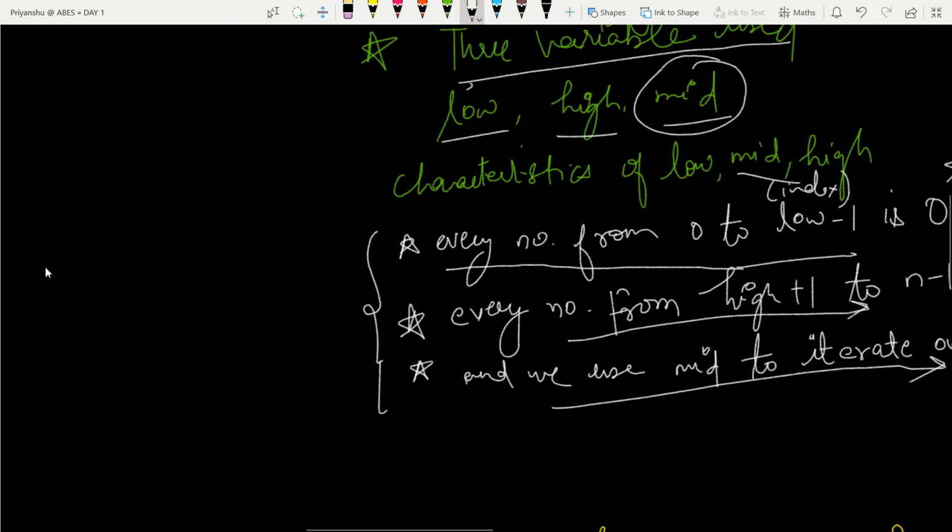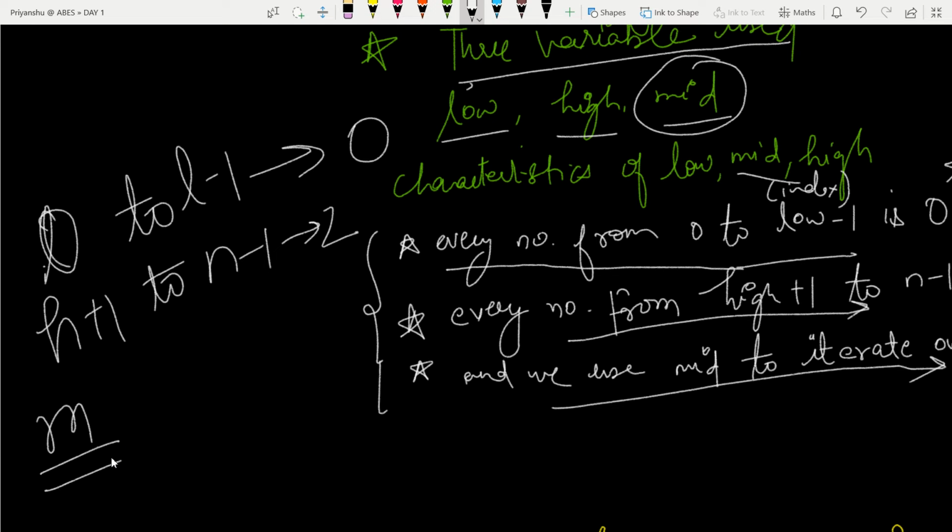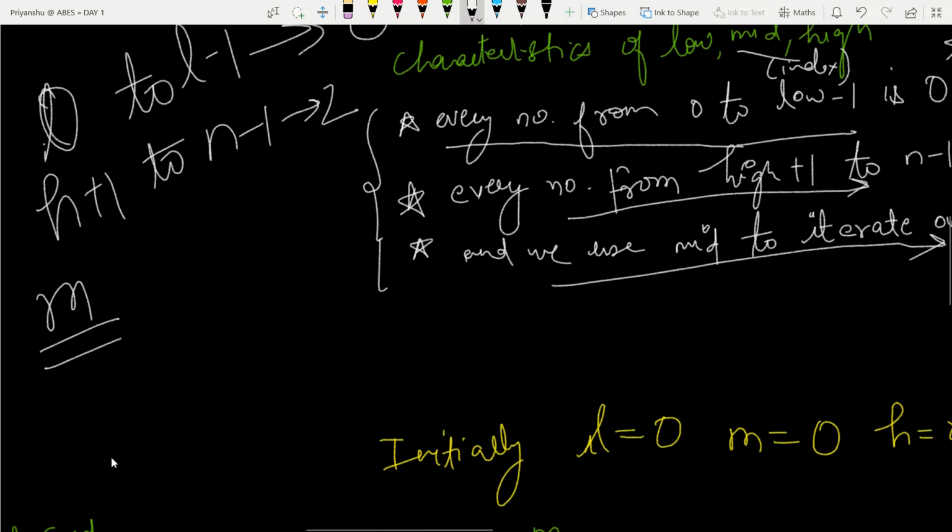So every element from 0 to low minus 1 will be 0, every element from high plus 1 to n minus 1 will be 2, and mid is used to iterate over the array. So this is the significance of the three variables we are going to use in the algorithm.